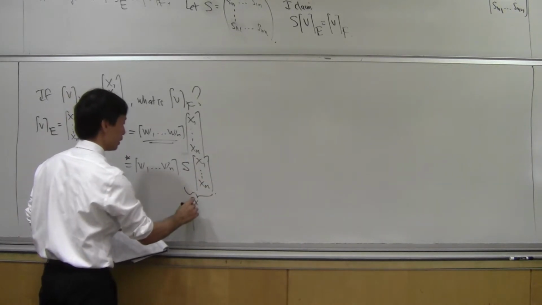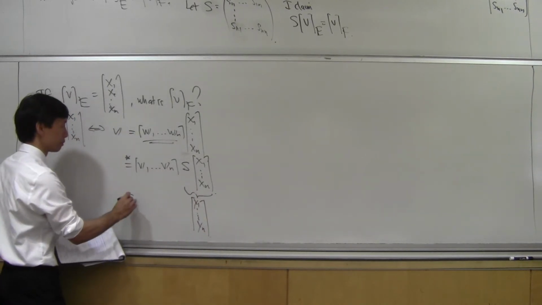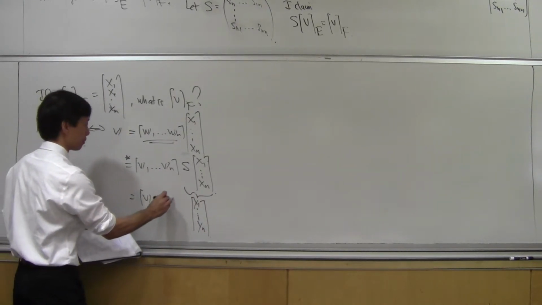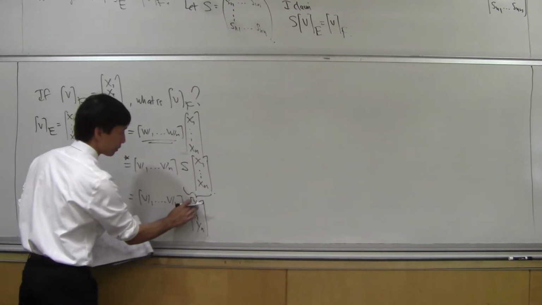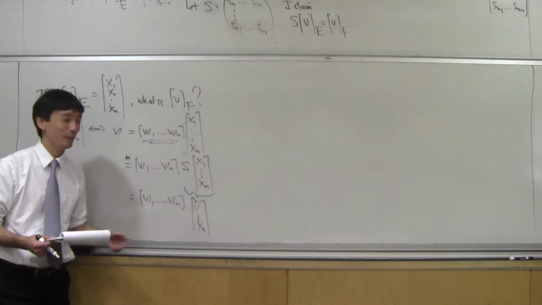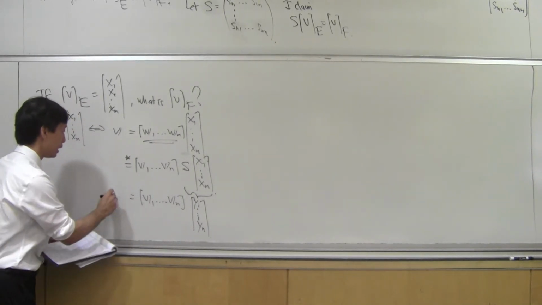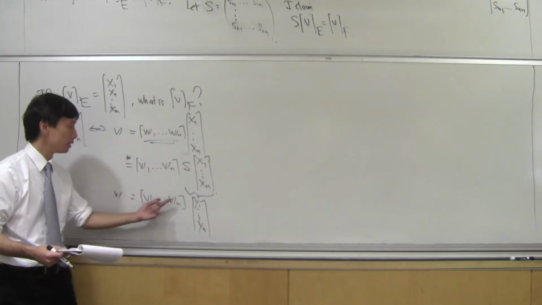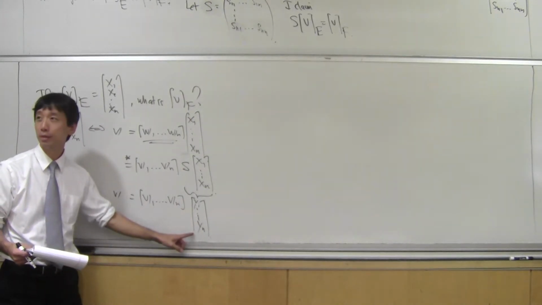It's some vector y1 to yn. What is this y1 through yn?